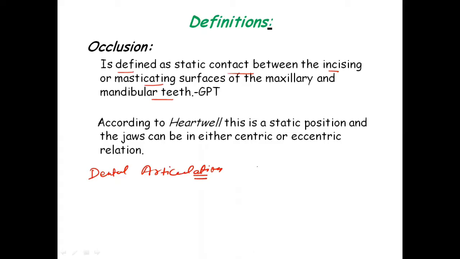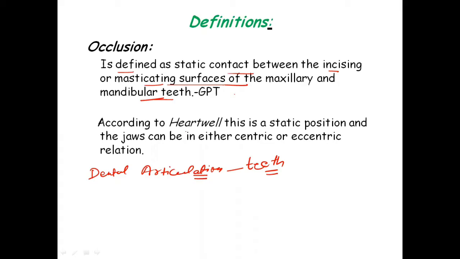Dental articulation deals with the relationship of maxillary and mandibular teeth. This is the relationship of upper and lower teeth, and this is your incising and masticating surface of maxillary and mandibular teeth.